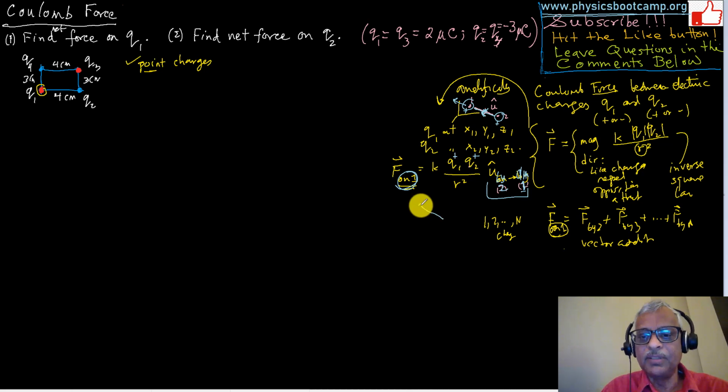Now if this is 1 and this is 2, and this is positive but this is negative, then as you can see, when you multiply the minus sign, you flip the direction of this unit vector, and the correct direction is that the force will be in that direction.